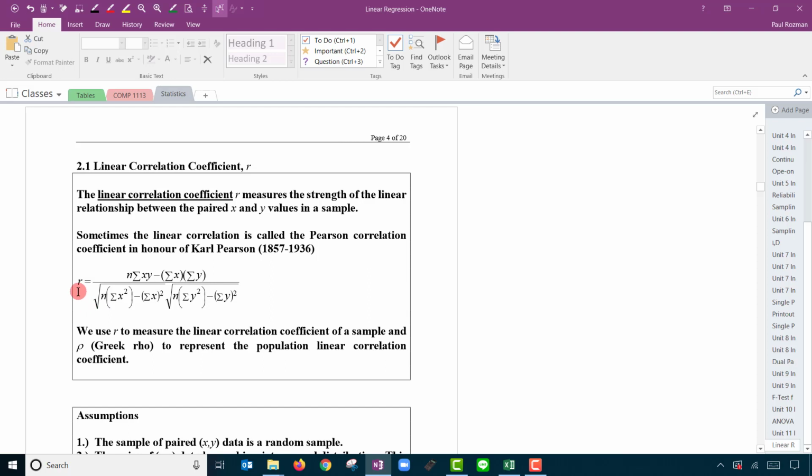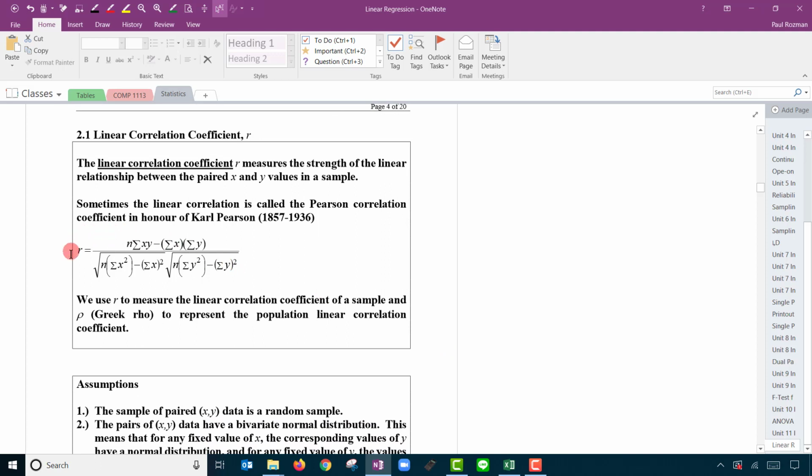The coefficient is called R. It's an attempt to measure the strength of that linear relationship between paired values. This formula will only apply when you already detect that you have some sort of linear trend.